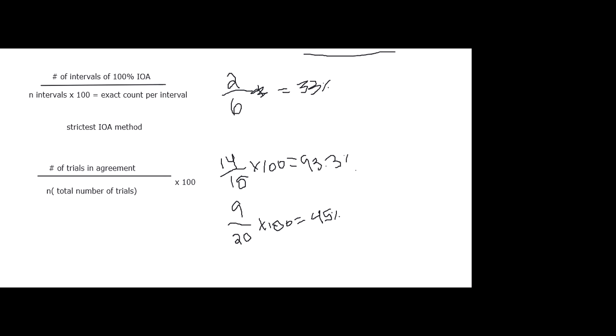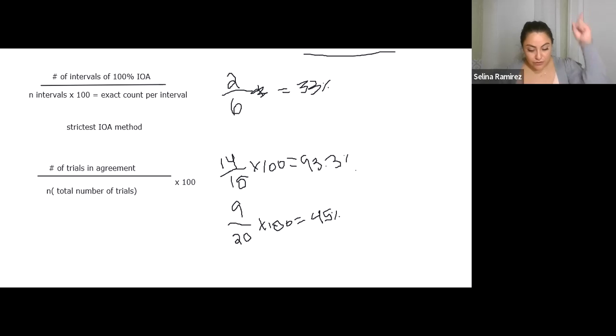Okay, I got to write that down. So total count and total duration, those are the same formula. Mean count and mean duration per occurrence, those are the same formula.